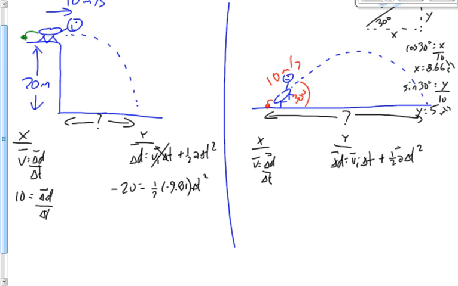So we got rid of it and said, well, it's the same thing as saying 8.66 horizontally and 5 up. We don't know what delta D is. We don't know what delta T is. So the first difference between these 2 problems is this. The horizontal velocity in the first problem is just the velocity you're given. In the second problem, it's a component of the velocity that you're given. That's the first difference.